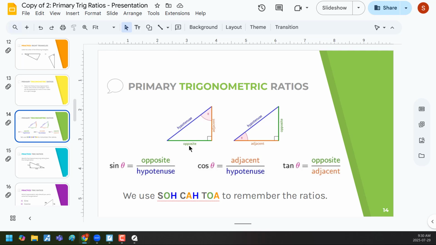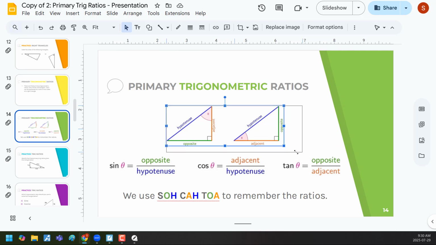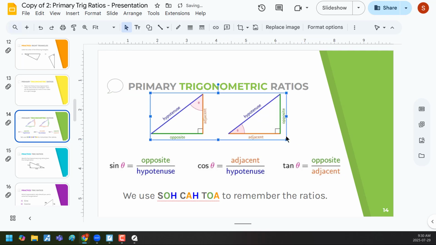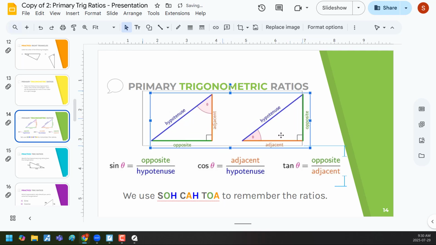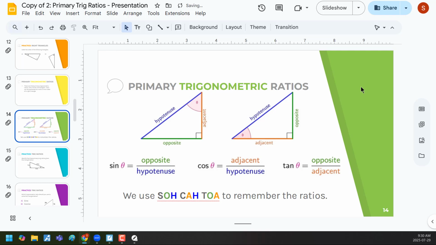So for this triangle on the left, it says opposite. For this triangle on the right, it says adjacent. So never memorize which side you think is the opposite side based on the shape and the orientation of the triangle. Always, always, always use the angle that's given, the reference angle.